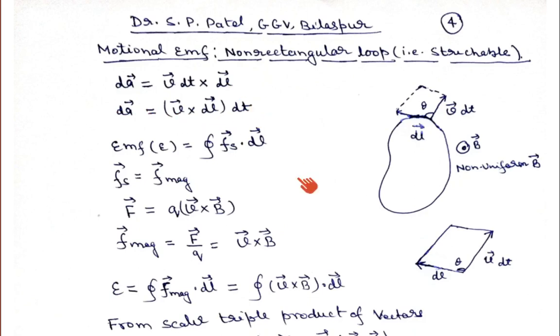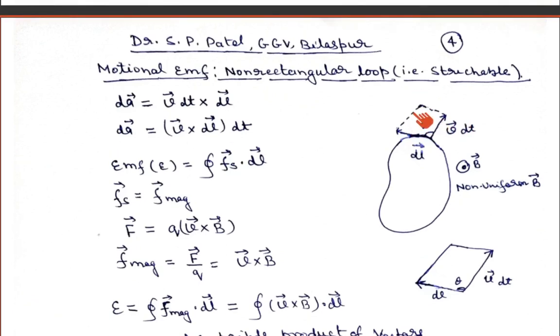And now, because this magnetic field is present and the circuit is moving with velocity v, obviously there will be an EMF generated due to the motion of the circuit in the presence of a magnetic field. The source of EMF is a force working on the charges in the conductor.